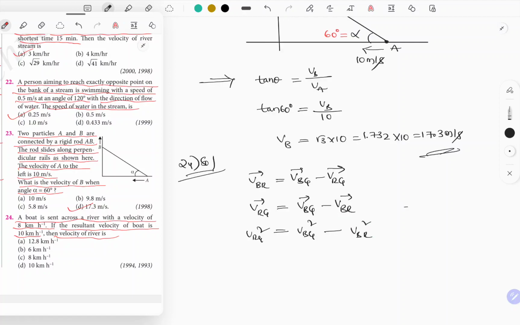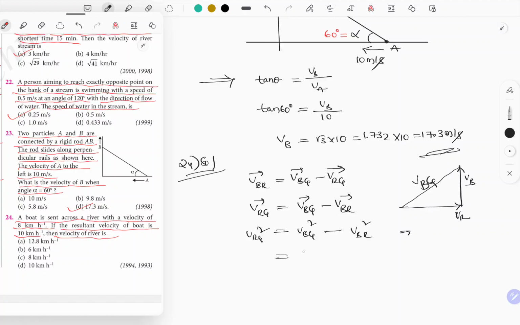And there is a reason behind it. So let's say this is going to be velocity of the boat and this is velocity of the river. So this is going to be resultant velocity of the boat with respect to ground. Okay? So velocity of the boat with respect to ground square is equal to VR square plus VB square. From that, VR square is equal to VBG square minus VBR square.